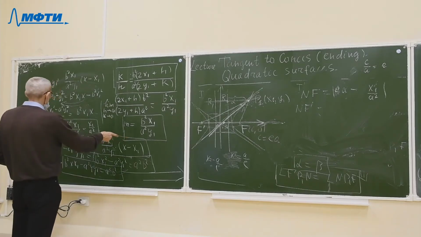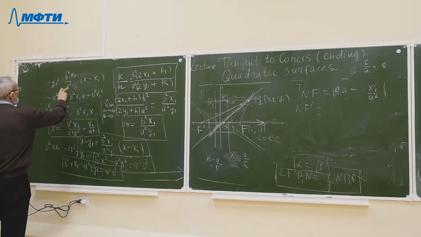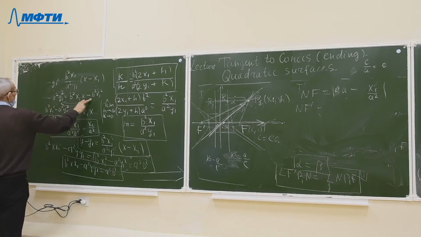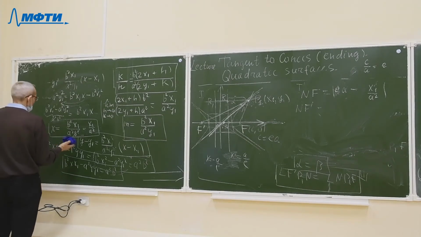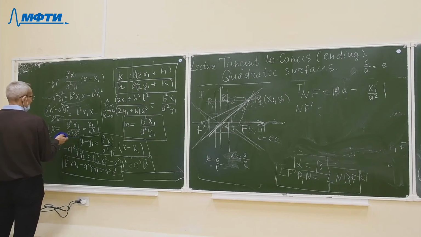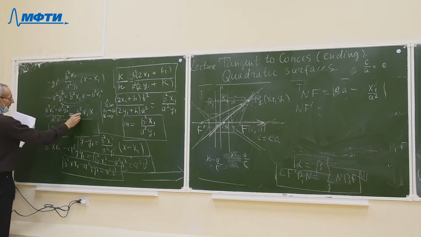X1, Y1 is equal, A square. Okay. I'm sorry, mistake in this one.